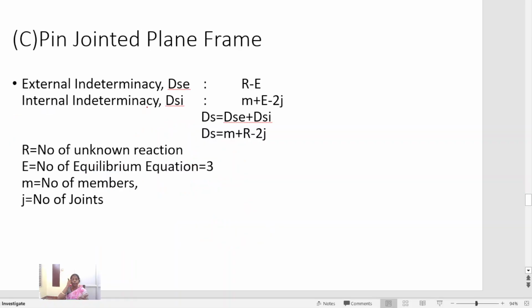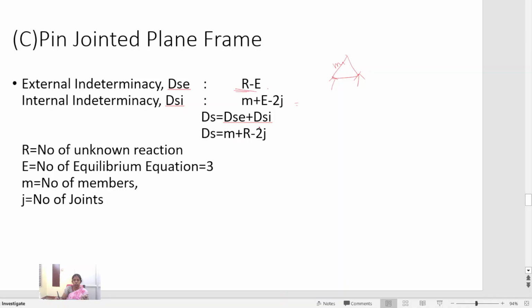For a pin jointed plane frame, the external indeterminacy relates to the support reactions, so r minus e. The internal indeterminacy relates with the members, so m plus e minus 2j.